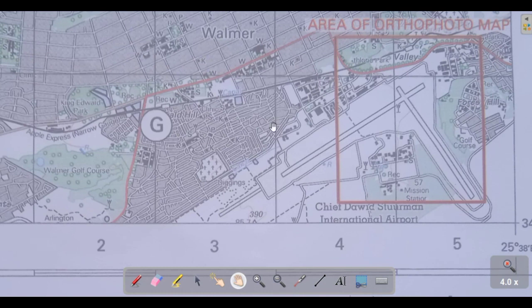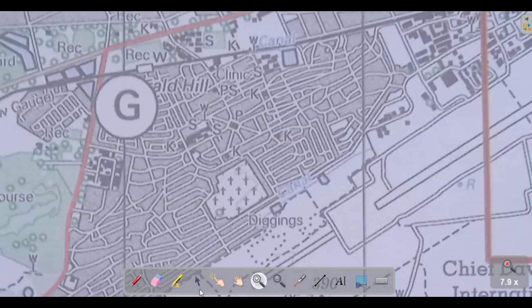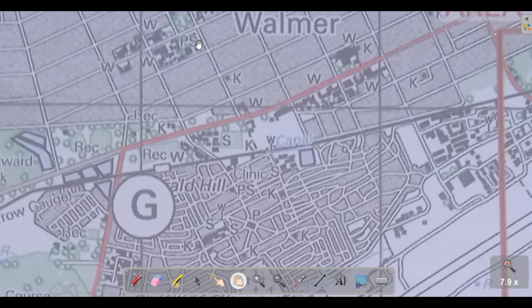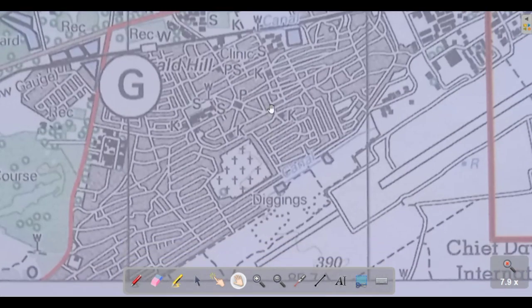So this would mean that this area is high density with small buildings, as the street pattern also suggests. And the size of the built up blocks, as you can see, is quite small compared to that. So that is our evidence there.